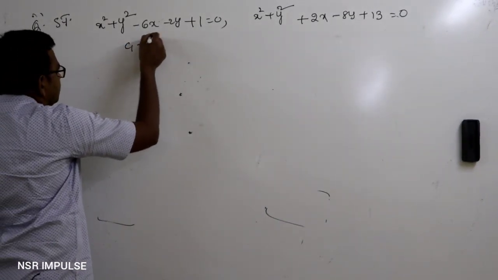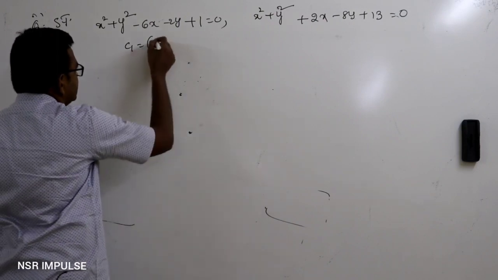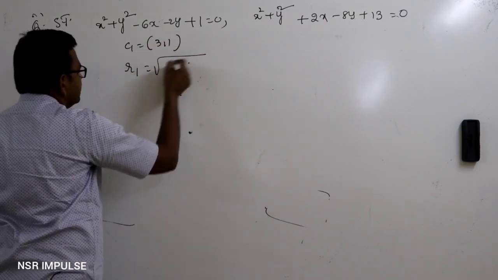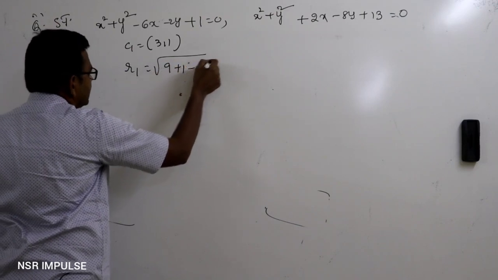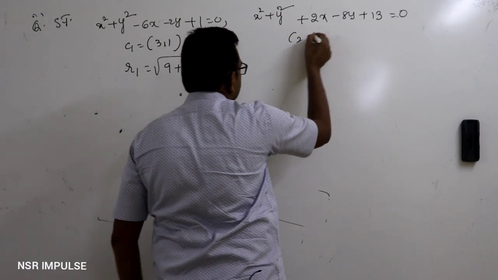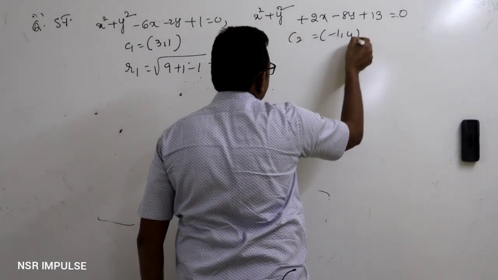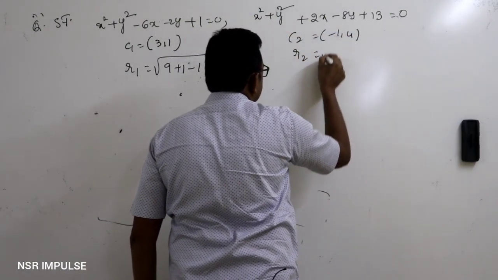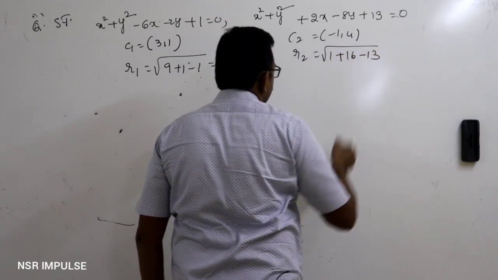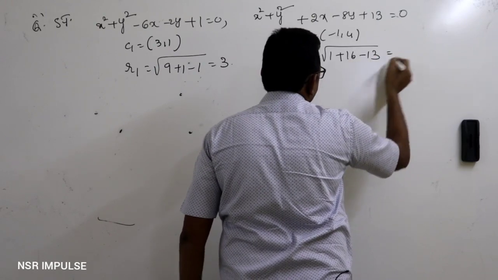Center of circle 1 is (-g, -f), that is (3, 1). Radius is root of g square plus f square minus c, that is 3. Center of circle 2 is (-1, 4). R2 is root of g square plus f square minus 13, that is equal to 2.